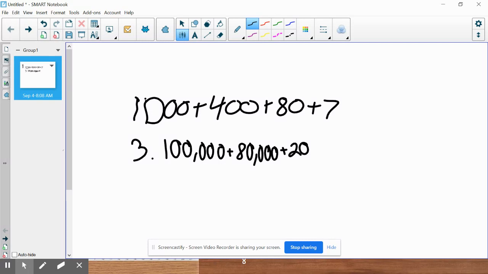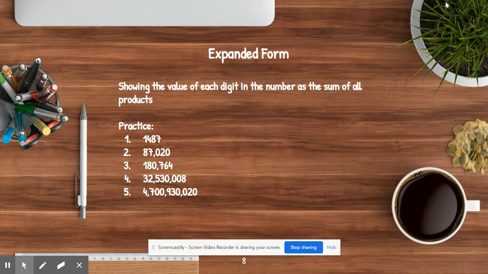So I have to jump back and look at the problem because I actually forgot what the problem looked like. It looks like this. I think you might have copied it wrong. Oh. Problem number 3 is 180,764.